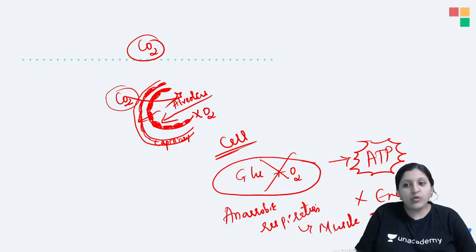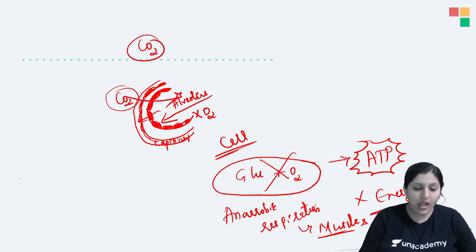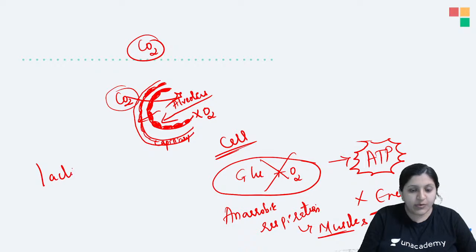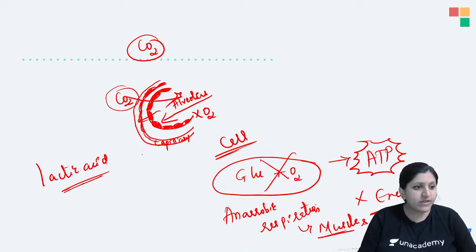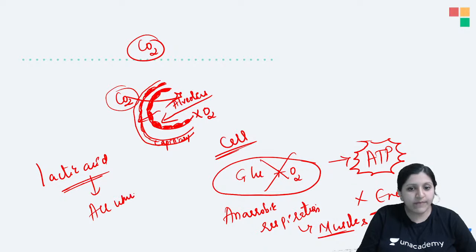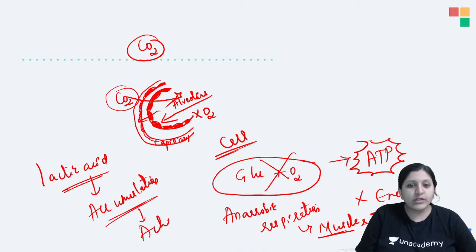The product of anaerobic respiration is lactic acid, which accumulates in your tissues.